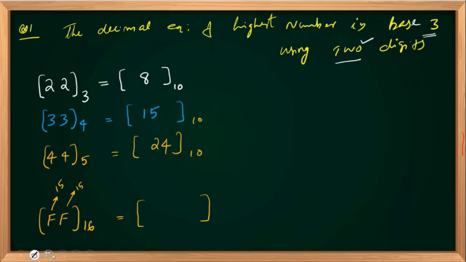So the equivalent will be 15 multiplied by base power 1 plus another F, 15 multiplied by base power 0. So that will give me 15 into 16 plus 15. How much is it? Is it 255 in base 10?